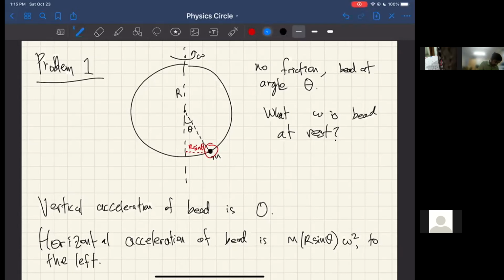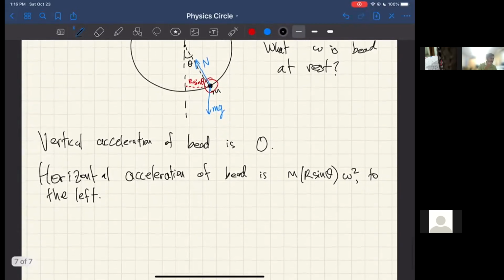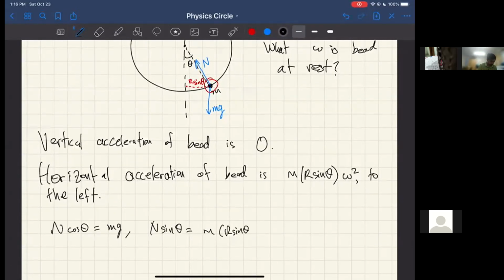So I guess you have a normal force and you have mg, right? So since the vertical acceleration is 0, we must have n cosine theta equals mg. And then for the horizontal component, we must have n sine theta equals m r sine theta omega squared. So what does this mean?